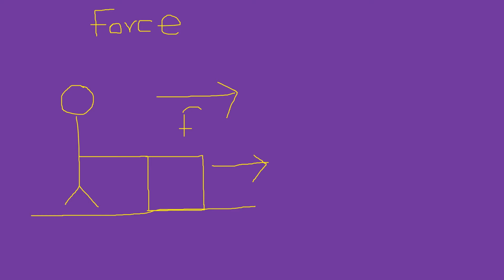If we draw an arrow to represent a vector, the length of the arrow gives us the magnitude of the vector. When we talk about a force, if I draw a long vector, then I talk about a large force.